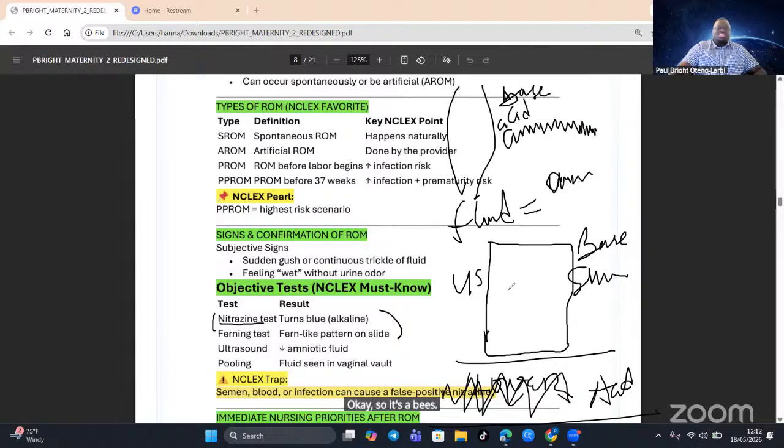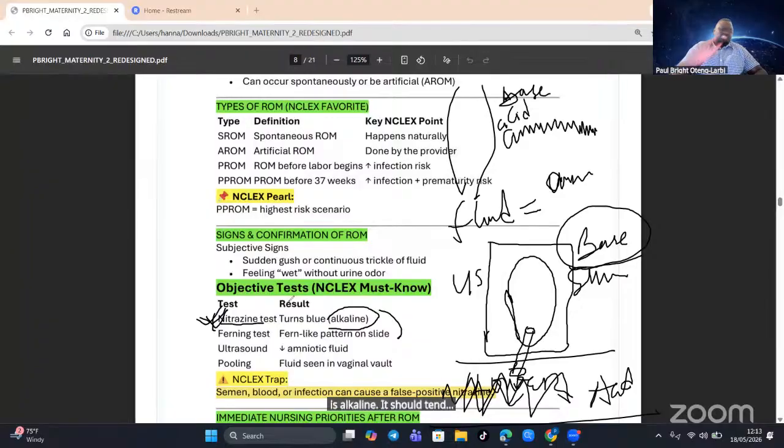So when the fluid is coming from the upper segment, from the amniotic sac, and I want to test it using the nitrazine test. This one we do it in the lab. Okay. Or some of the midwives, they have some of the kits, they do it. It should turn this base what? It's alkaline. It should turn the paper to blue color.